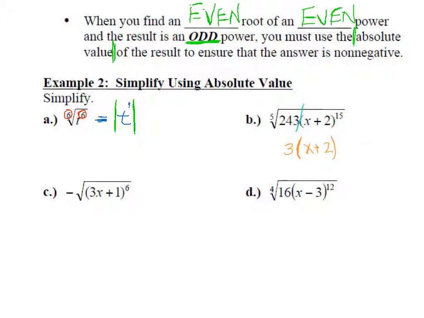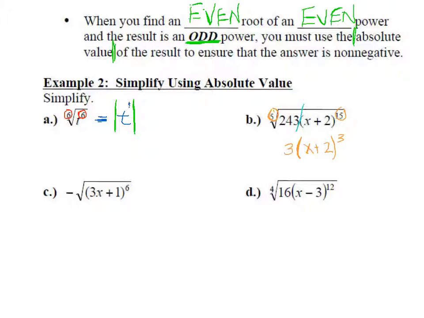Then you take 15 divided by 5, so you're going to get a 3. Now here's the thing though. Since your original index was an odd number, you don't have to use absolute values because your index is odd. So in this case, 3 times the quantity (x plus 2) to the third power is your actual answer. No absolute values required.